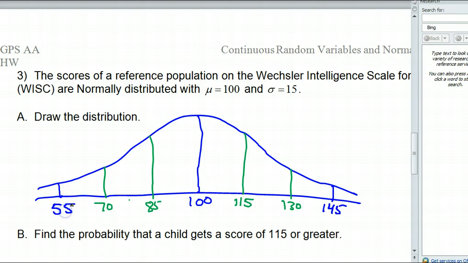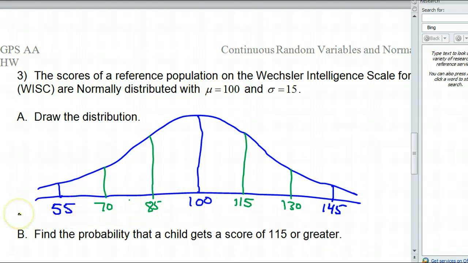So all I did was, starting from 100, I'm increasing by 1 standard deviation every time. So I'm adding 15 as I go up, and I'm subtracting 15 as I go down.